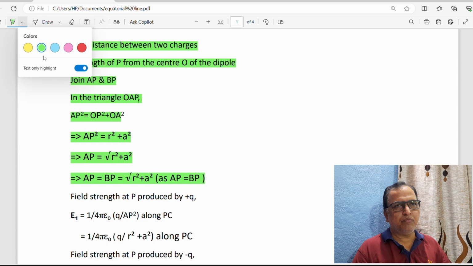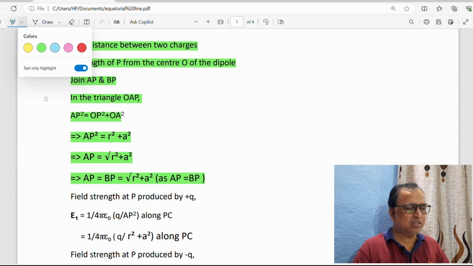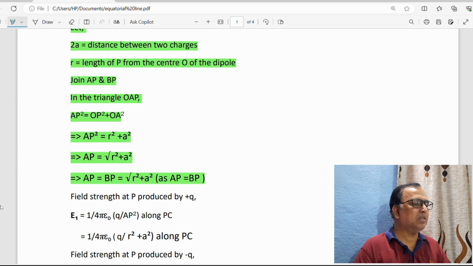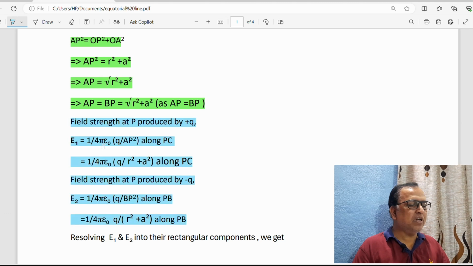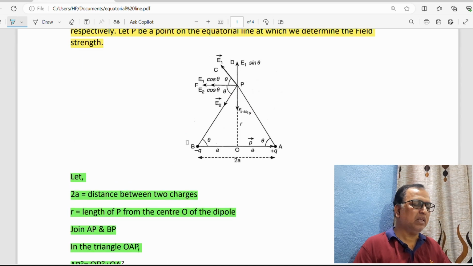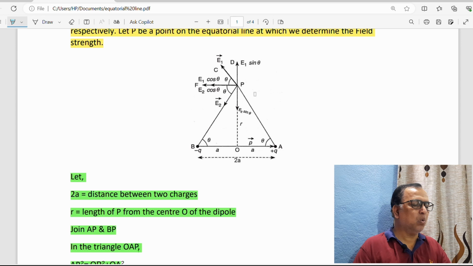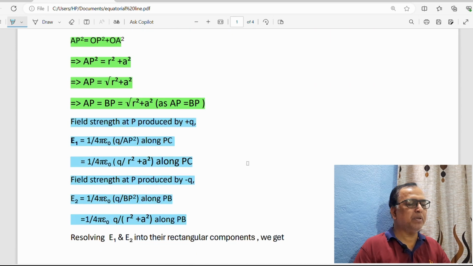Now we can find the field strength at P due to plus q and minus q. Field strength at P produced by plus q is E1. E1 is equal to 1 by 4 pi epsilon naught, q by AP square, along PC. Field strength at P produced by minus q is E2.